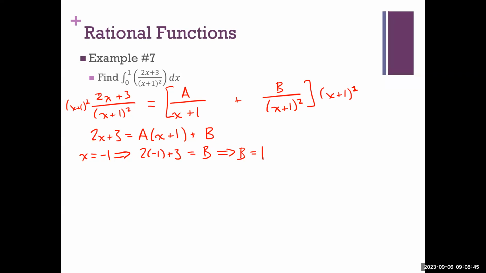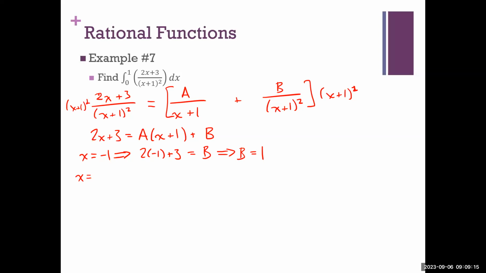How can I get the other one? Can I choose a value for x again? Can you choose a value for x and then plug in b as well? Yeah, so here's what we know about a and b from the start: we don't know what their values are, but we know that they're constant. So once we find a value, we don't have to worry about that one again.